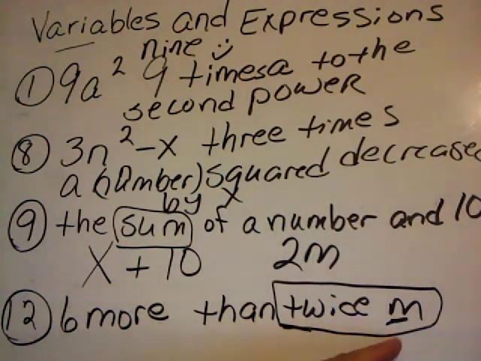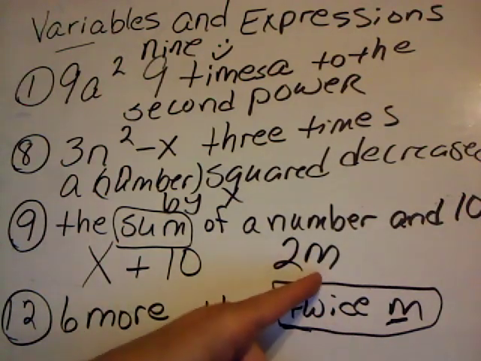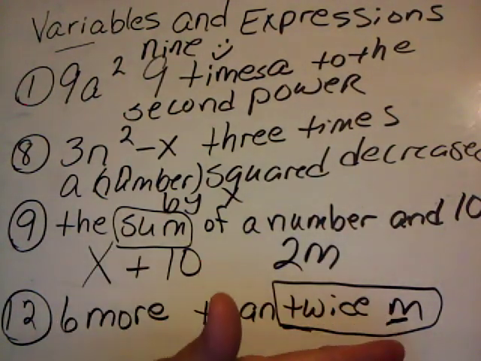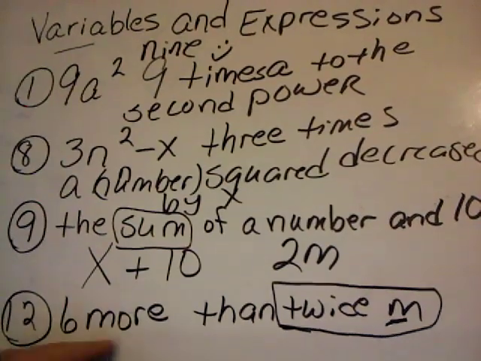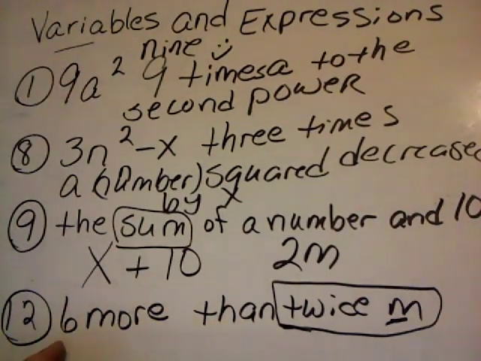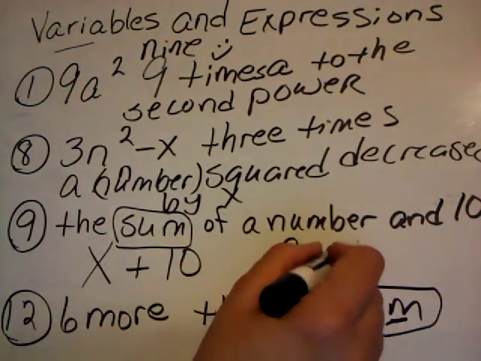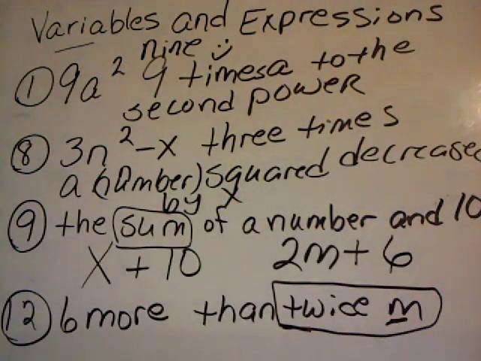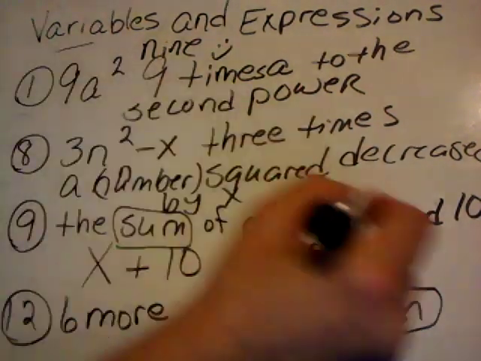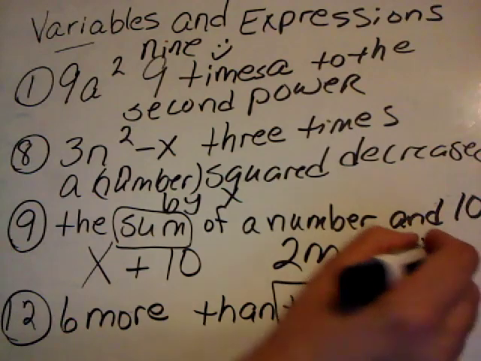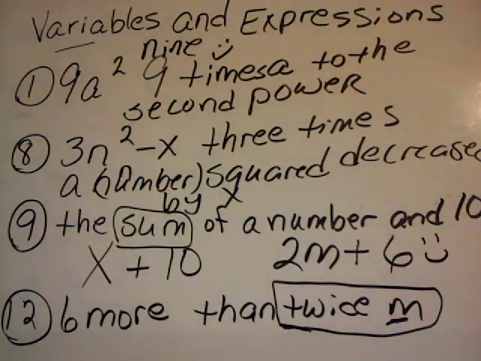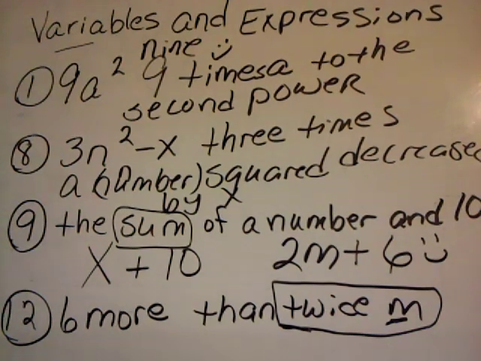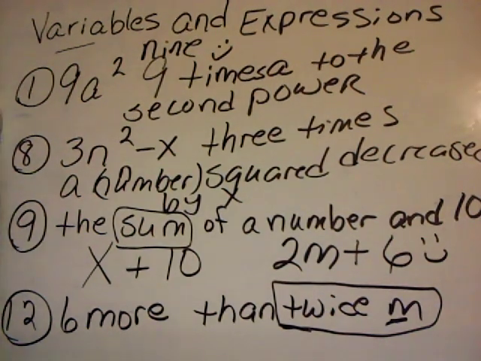It's just twice m, or twice a number. And they picked a letter. 6 more than. So it's whatever I get, it's going to be 6 more. Okay? So we have found the ultimate answer for number 12. Okay, let's work a couple more.